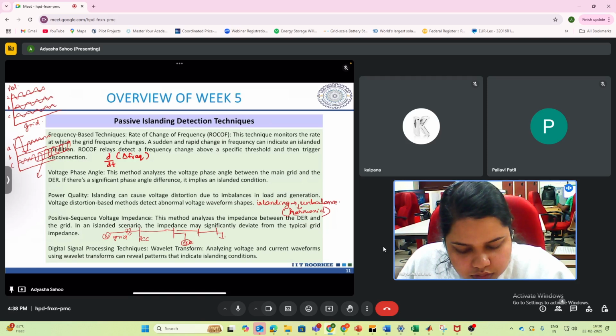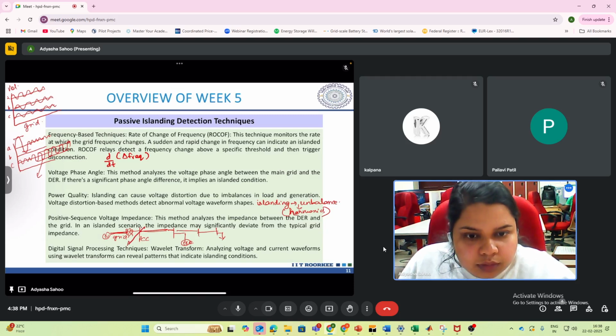So you calculate the impedance of this line, this transformer, this line. So that is giving you the impedance between the main grid and the DER. What will happen when there is an islanding condition? So basically this part will be cut off. That means your impedance will be reduced because this feeder is no longer there. So that way, if you monitor the impedance, then also you can tell that islanding has taken place.